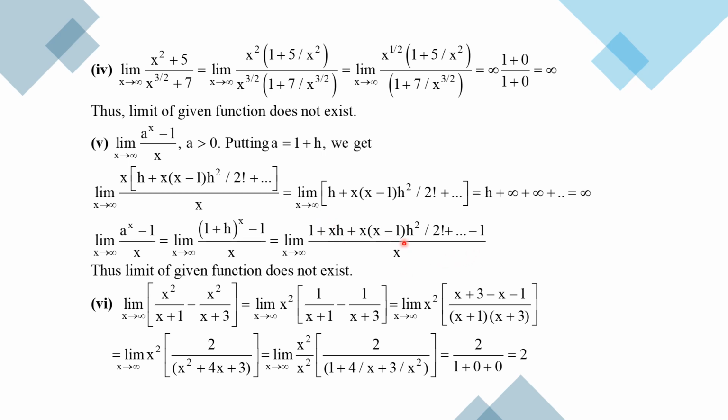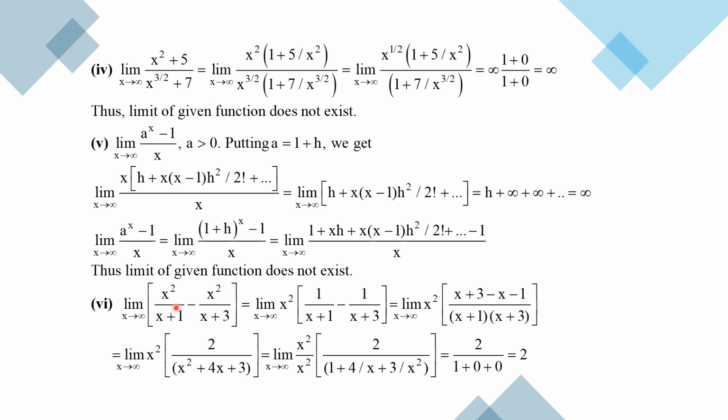So 1 will cancel with 1, we take x common, so we have x h plus x(x minus 1) h square over 2 factorial, and x will cancel with the denominator x. Now apply the limit x tends to infinity, so x means infinity, and in all other terms we will have h plus infinity, so infinity added to any number is infinity. Thus the limit of the given function does not exist.